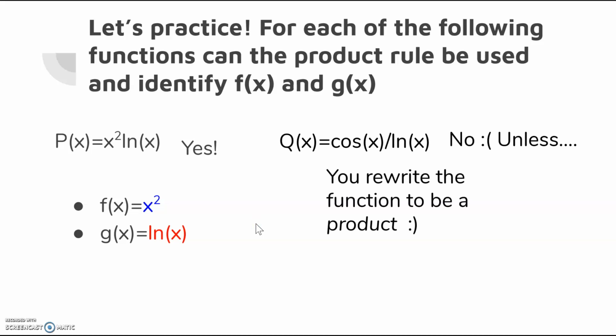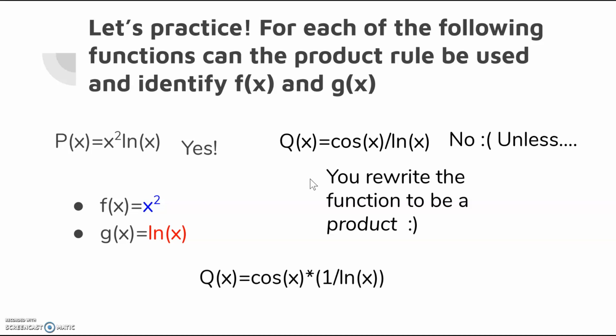However, there are some algebraic manipulations we can use to rewrite the function to be a product of two functions, which is something we can use the product rule for.